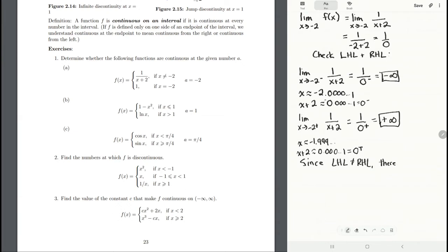So the two-sided limit as x approaches negative 2 of 1 over x plus 2 does not exist. And since the two-sided limit does not exist, the function is not continuous at the point where x equals negative 2.